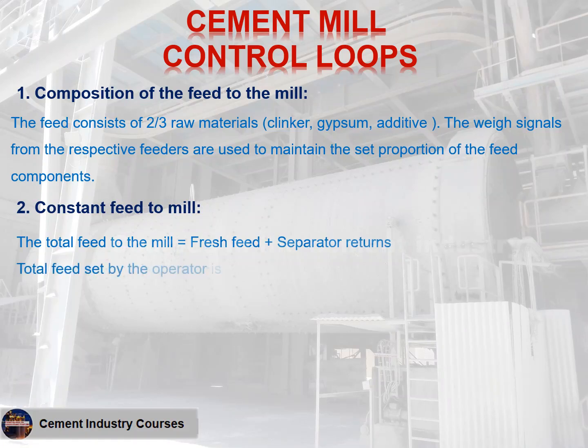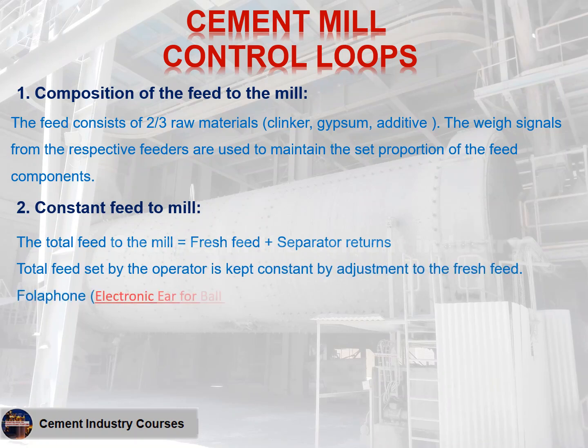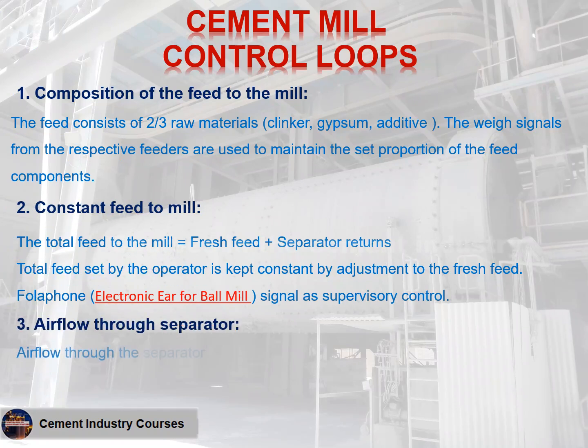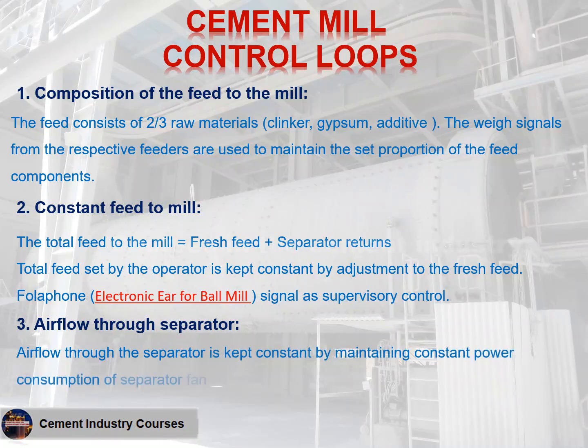Total feed set by the operator is kept constant by adjustment to the fresh feed. Folaphone, electronic ear for ball mill, signal as supervisory control. 3. Airflow through separator. Airflow through the separator is kept constant by maintaining constant power consumption of the separator fan by adjustment to its speed.